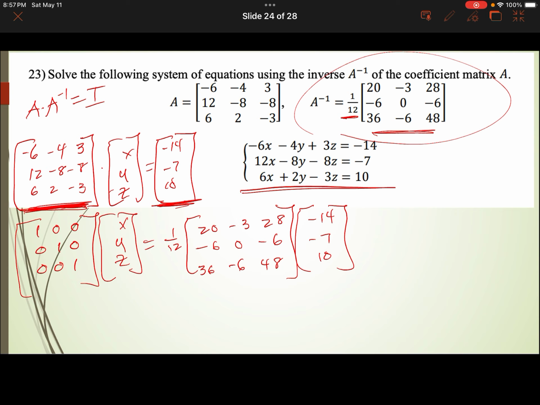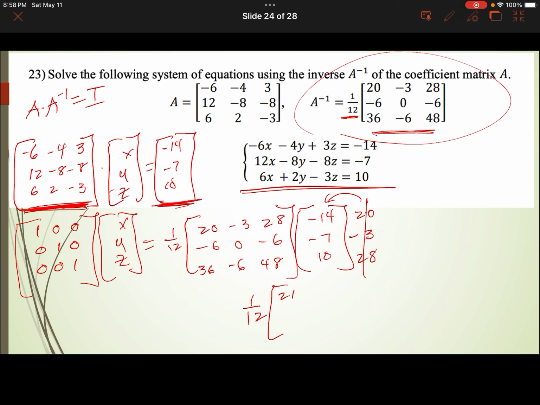So then I take the first row and multiply it through here. Forget your 1/12 out front, I get 21 when I multiply 20 times -14 plus -3 times -7 plus 28 times 10. You can do that in your calculator. You get 28.